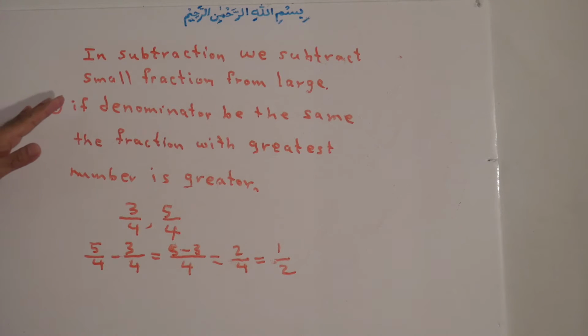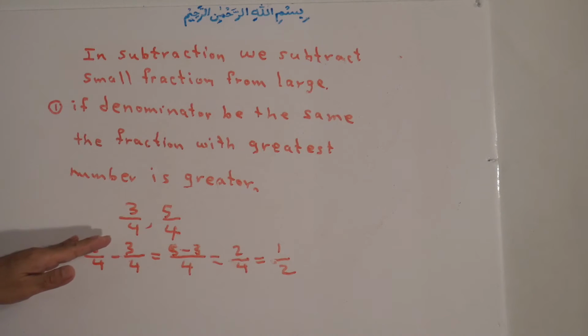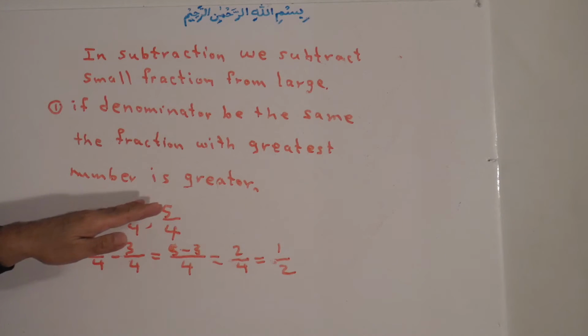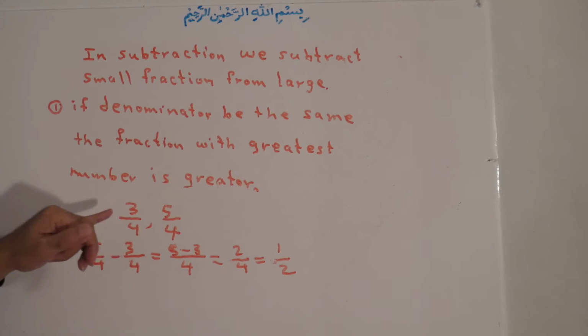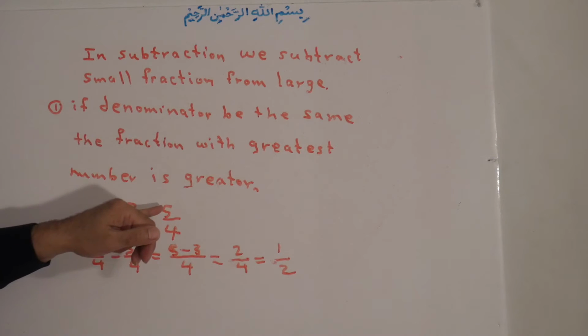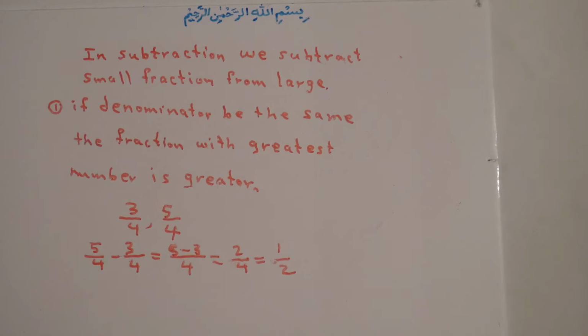If the denominators are the same, we subtract the smallest from the greatest.